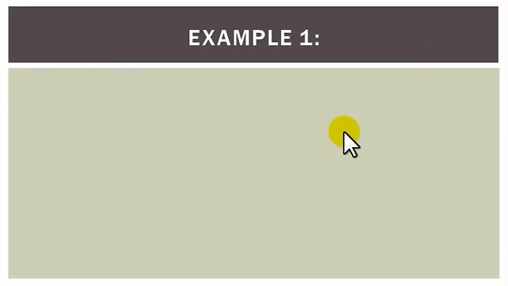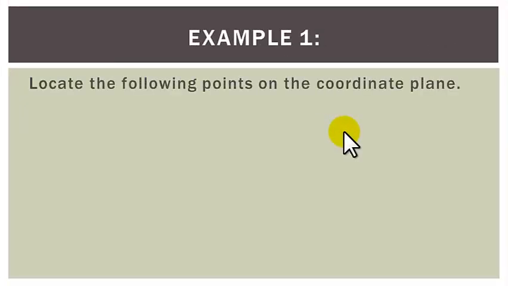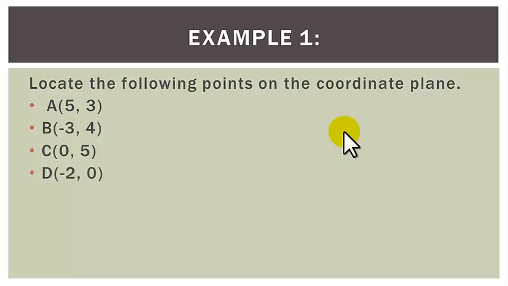Example 1. Locate the following points on the coordinate plane. The point A with coordinate (5, 3), B with coordinate (-3, 4), C with coordinate (0, 5), D with coordinate (-2, 0), E with coordinate (-4, -5), and F with coordinate (2, -3). Solution.